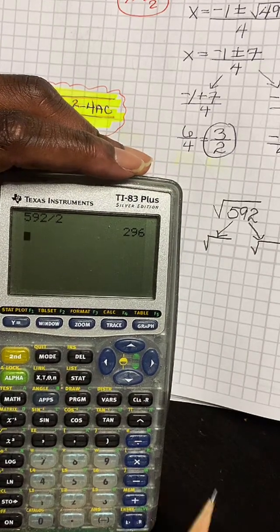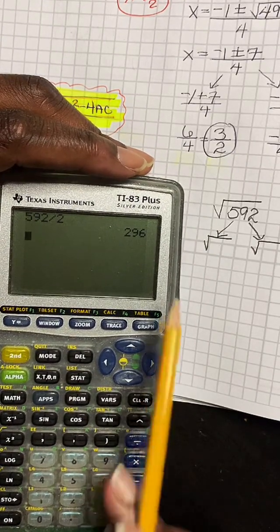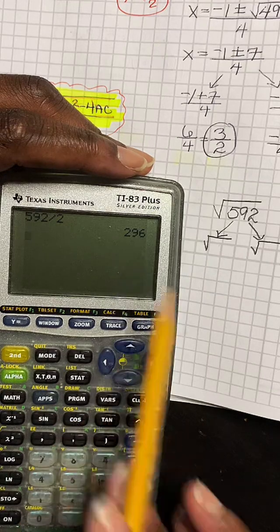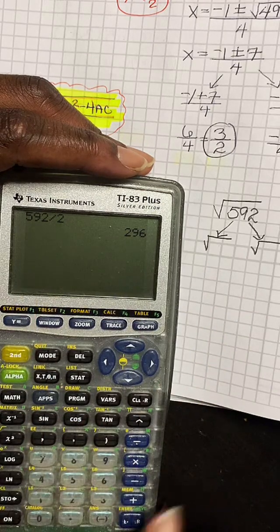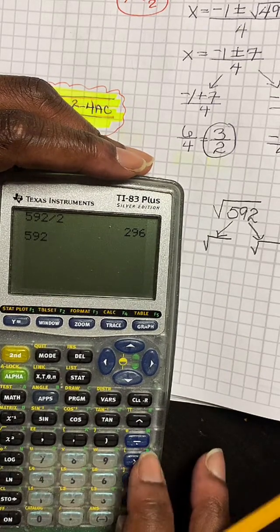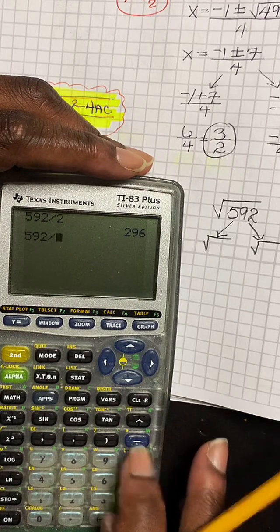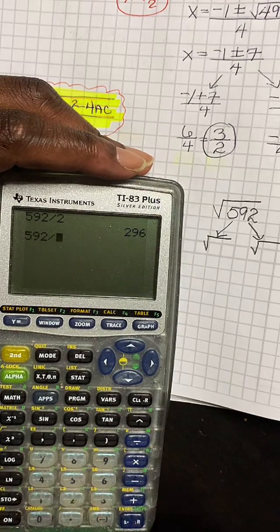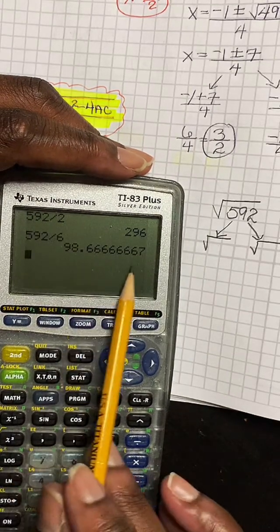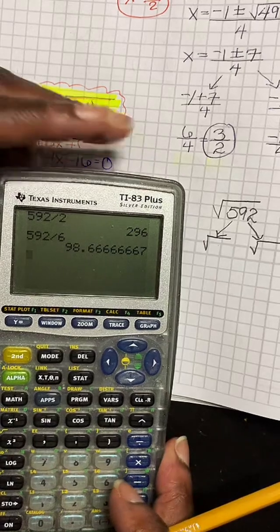296. So 296, that's not so much a perfect square, but it's not prime. If I go with 592 and say I want to divide by, let's say, 6, obviously it's going to give me a crazy decimal.